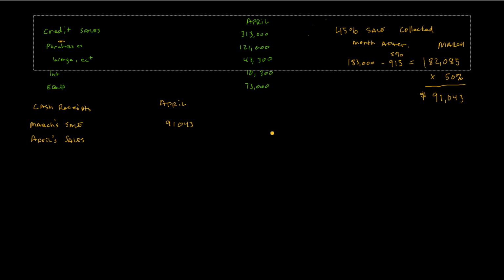In April, I'm going to collect 50% of April's sales. I'm going to do it the same way. Right off the bat, 5% of it's not going to be collected.